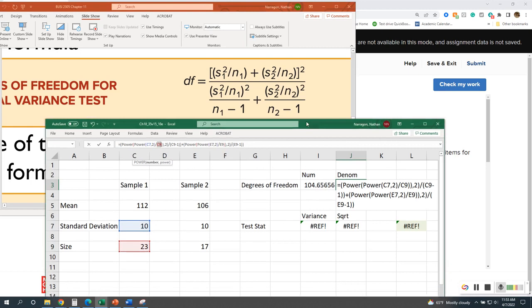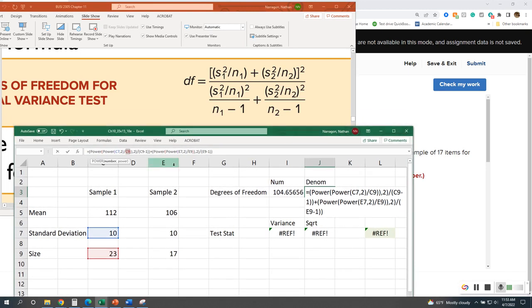Okay, so now this is the fun part, actually getting all the parentheses in correctly. So I see what's going on.